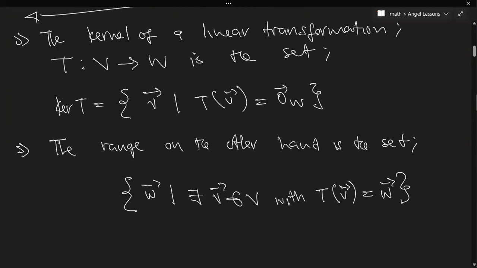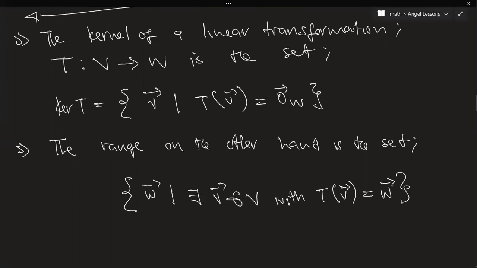So we have what we call the range of a linear transformation, which is just the collection of all end products of you taking V and putting V into T as an argument. So when you transform the vector space V, the collection of vectors that you get out of that make up what we call the range.